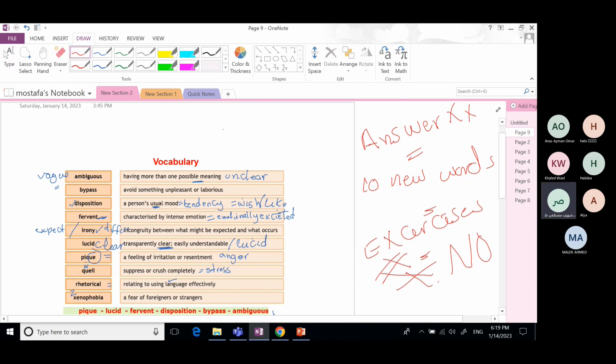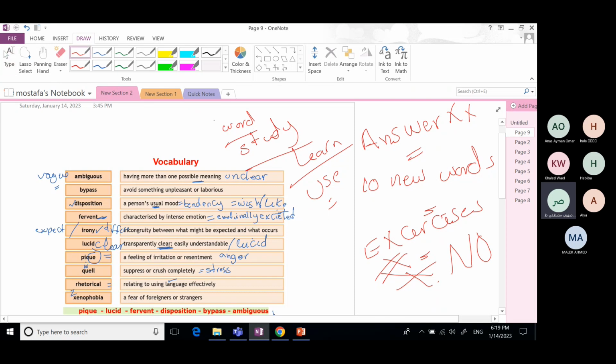The words I give to you, or even your own word bank. Create your own bank in your notebook. Anytime I give you a word, you must study it, learn it, and use it. Any word, anywhere I give you a word, write it down in your notebook, the word and its meaning. Understand it.